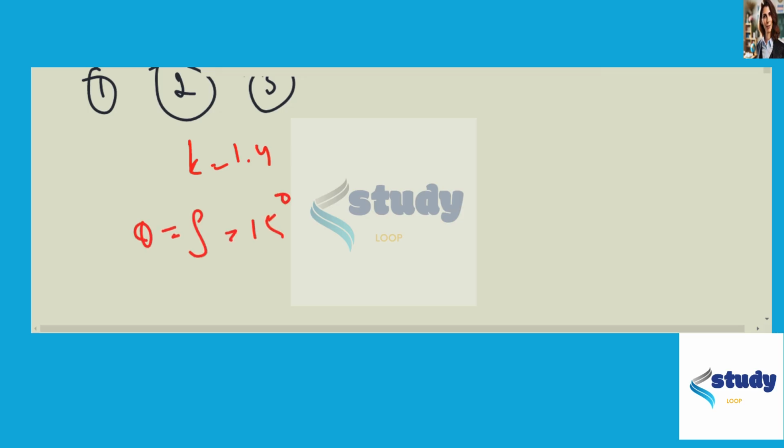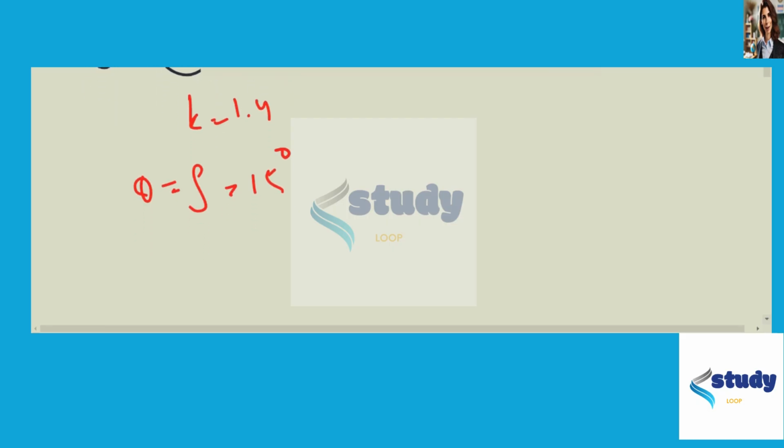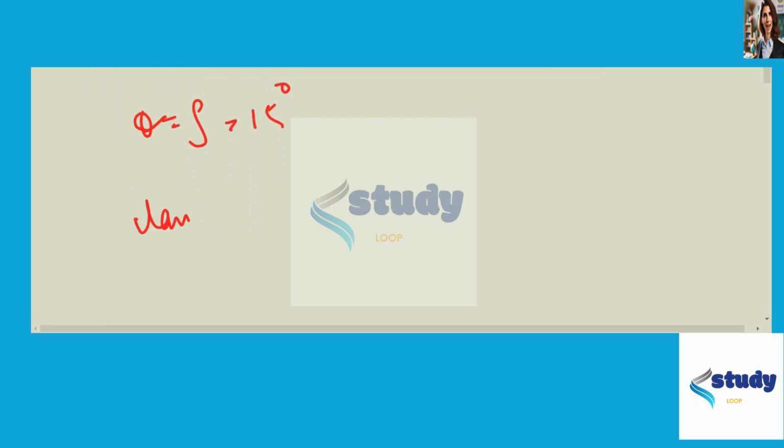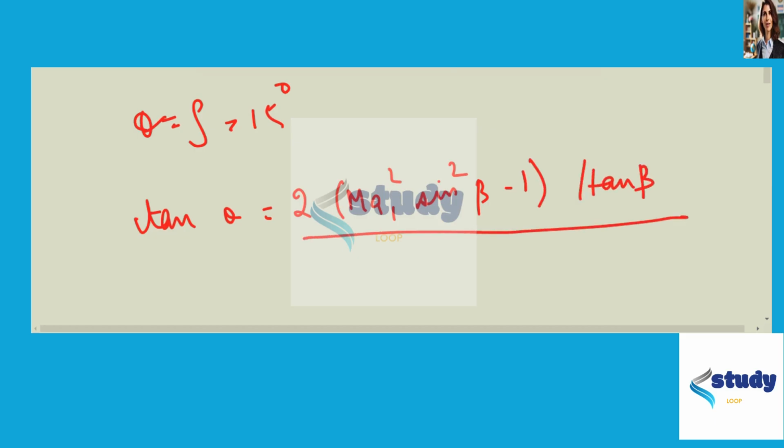So the possible values of the oblique shock angle, beta, can be found using the formula tan theta = 2 cot beta (Ma1² sin² beta − 1) / (Ma1² (k + cos 2 beta) + 2).